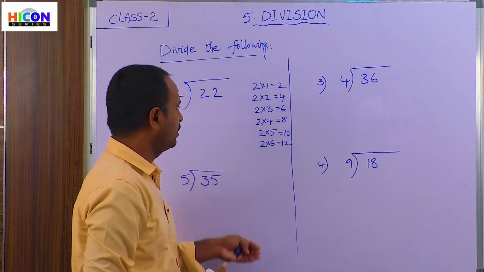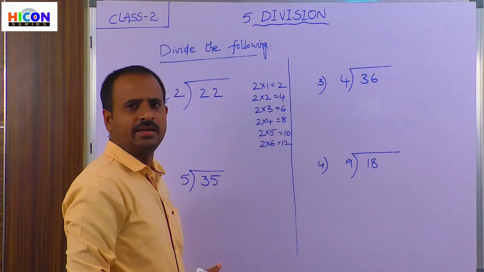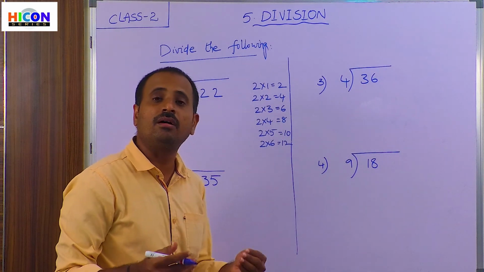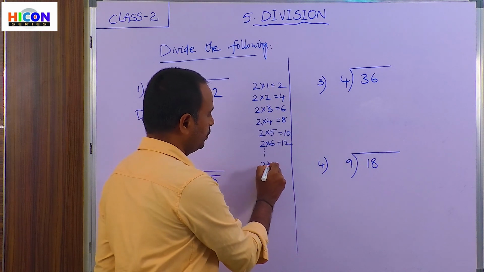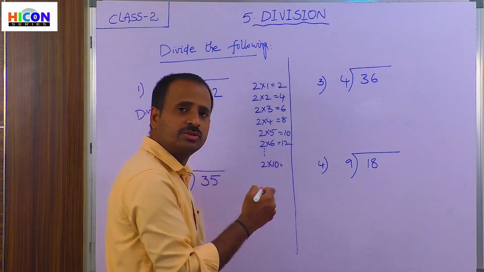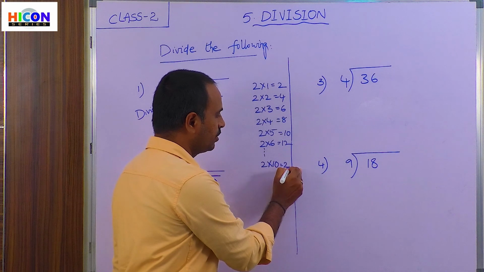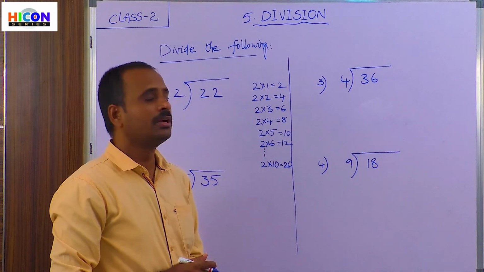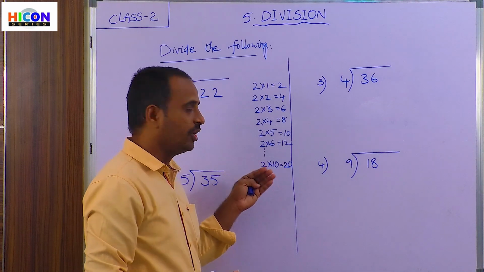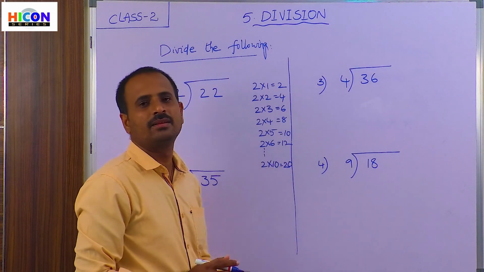So in this way, children, if you continue the second table, we have learned all the tables up to 10. That is 2 tens are, how much? 2 tens are 20. But we have the number 22 here, and we have learned only up to 2 tens are 20.